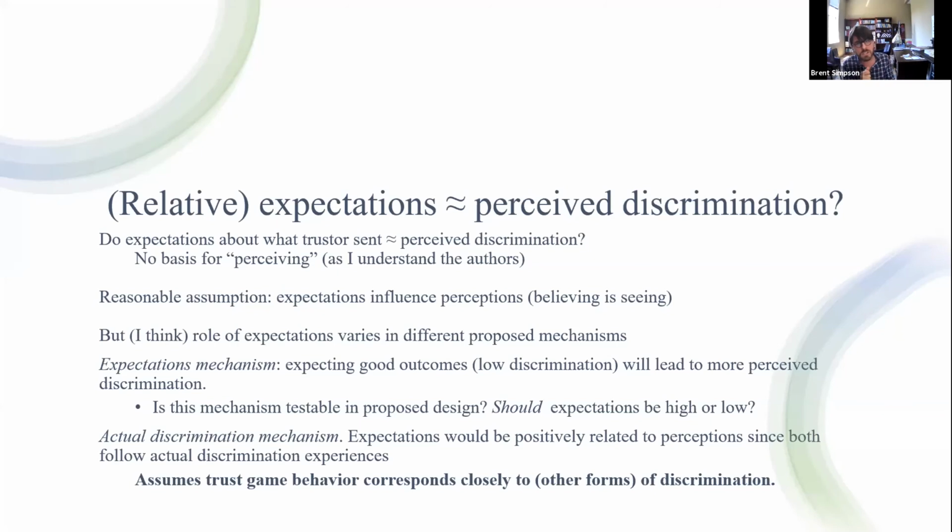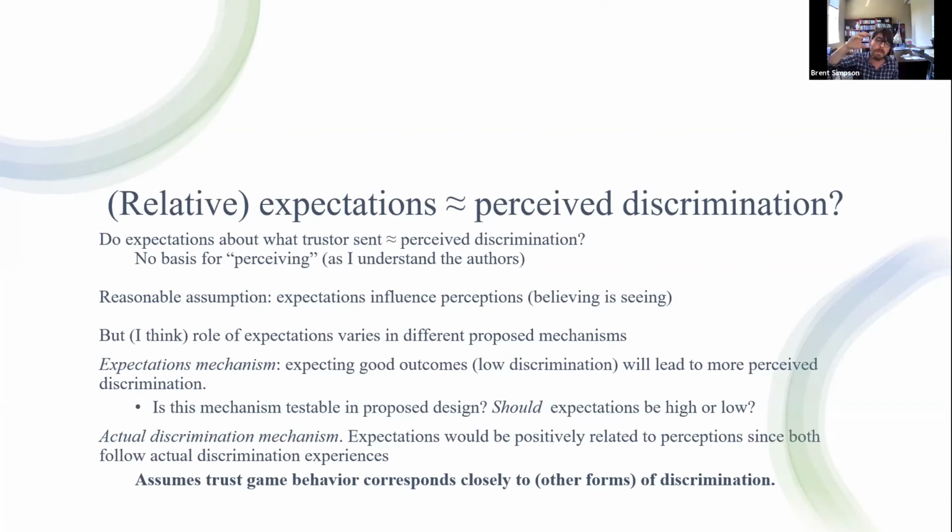So one question is, according to this mechanism, for well-integrated immigrants, should their expectations be high or low? Should they be high based on the fact that they're well integrated, and then those expectations are foiled in the here and now?